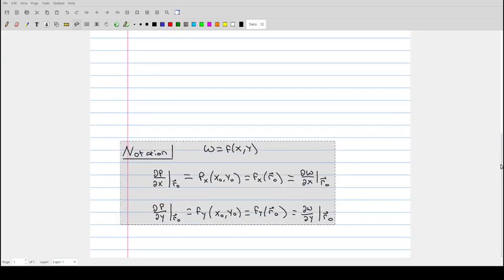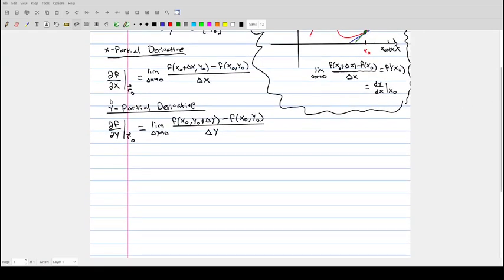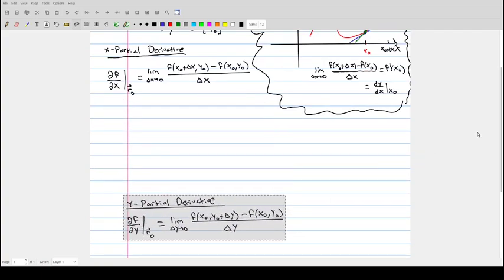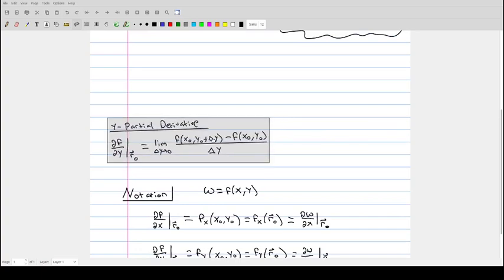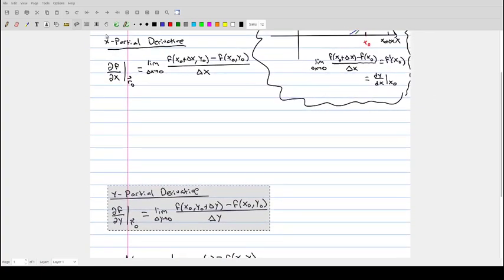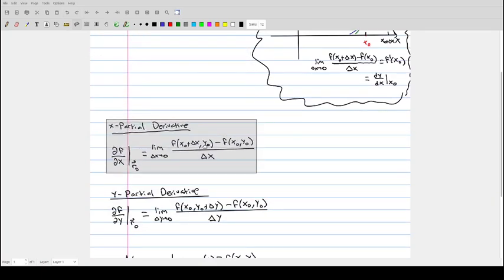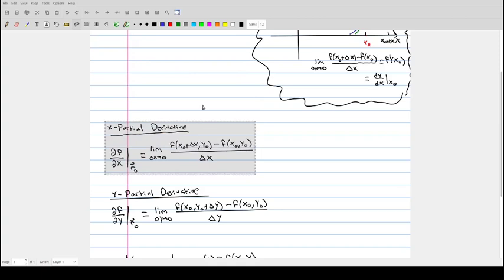In terms of computing the x partial derivative and the y partial derivative, all of our computational rules from single variable calculus apply almost directly to computing partial derivatives. So you want to brush up on all of your single variable calculus derivative rules, the product rule, the chain rule, the quotient rule, because really this right here is the same thing.